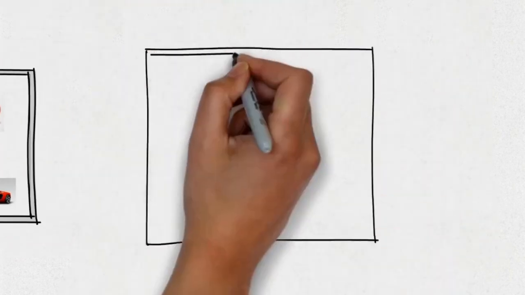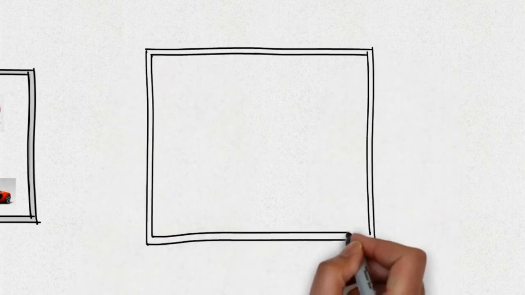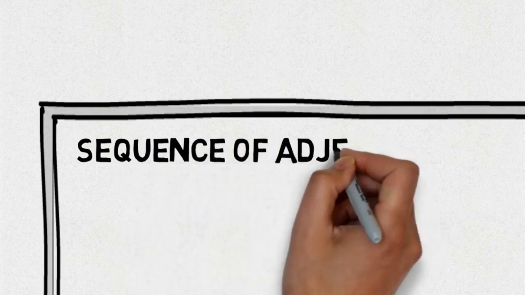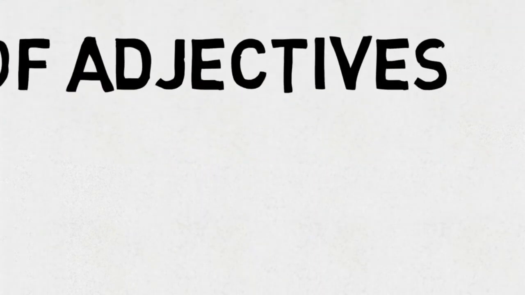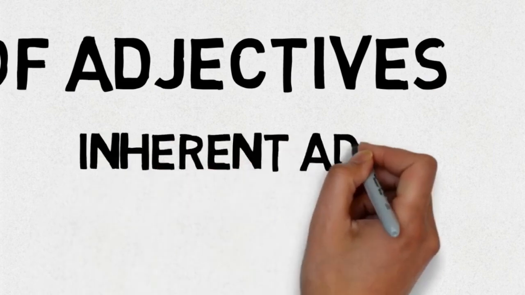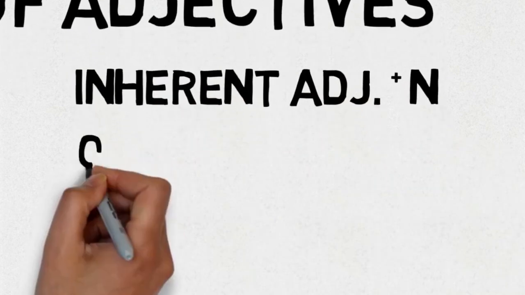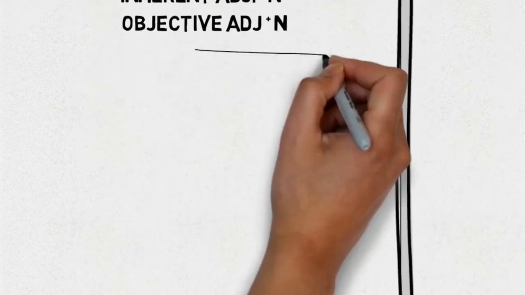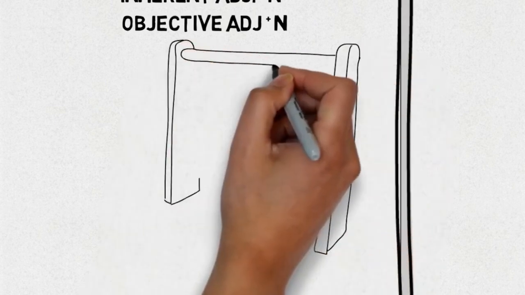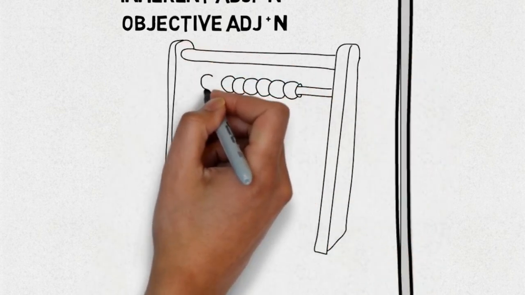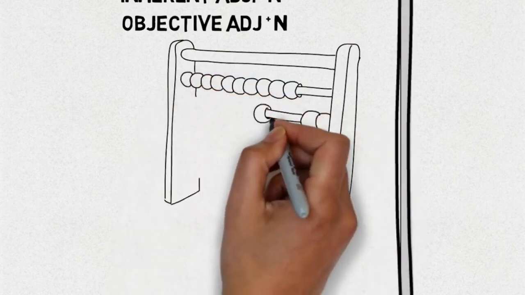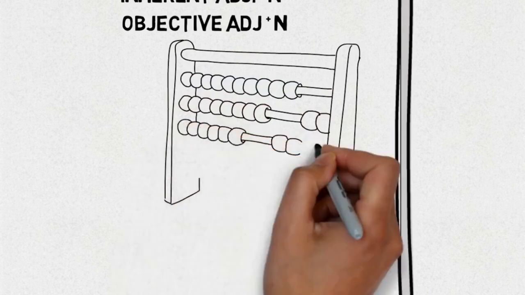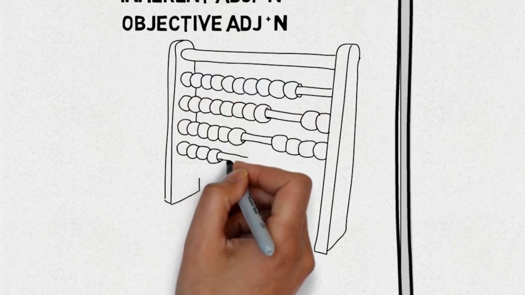Some linguists argue that adjectives that express inherent features have to come close to the noun. Others say it's because of the subjectivity or objectivity of adjectives. Adjectives that are more objective occur next to the nouns. In other words, the adjective that's more characteristic of the noun is placed immediately before the noun. Adjectives that express an opinion, for instance, are subjective and may vary from one person to another.